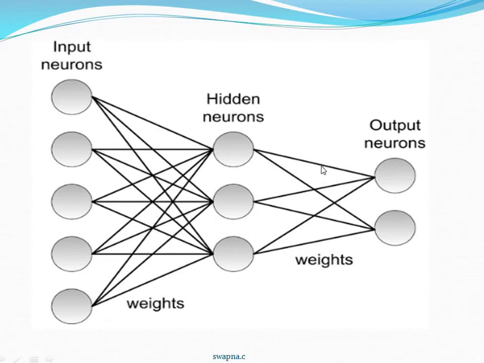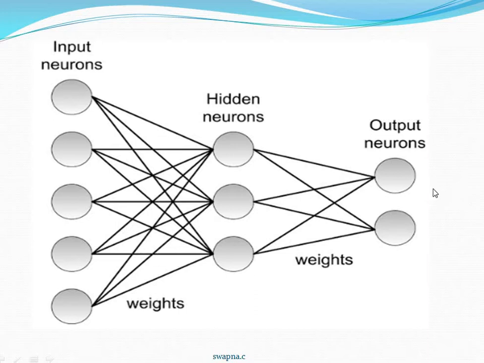But there may be a chance of error here because of these neurons. These neurons act as output neurons for these input neurons. They get input from these source neurons, with the weights applied on these input signals.